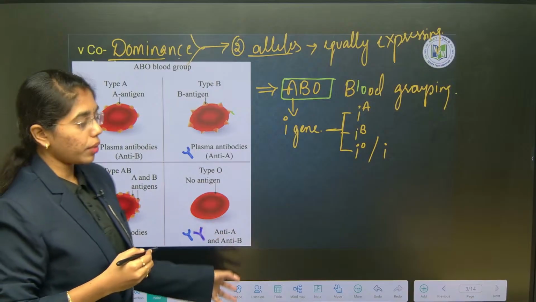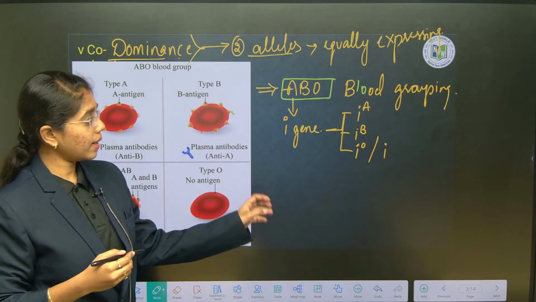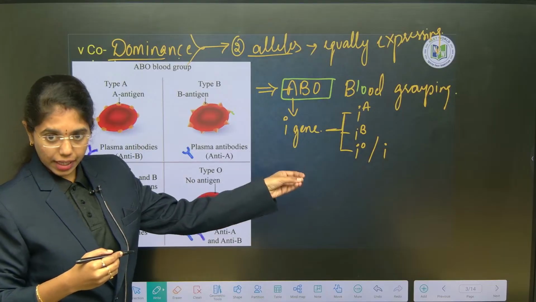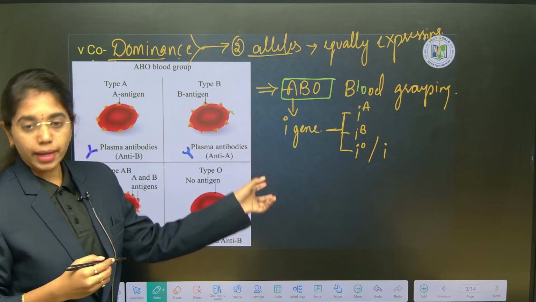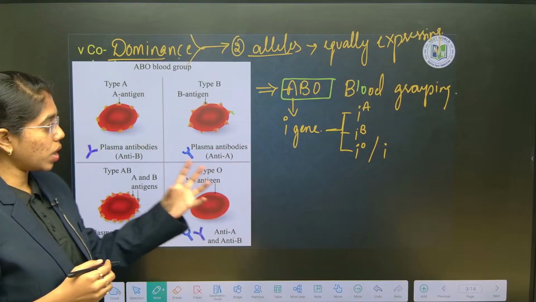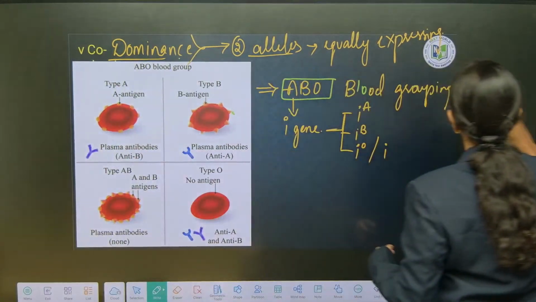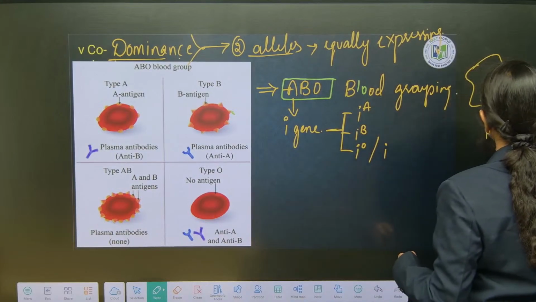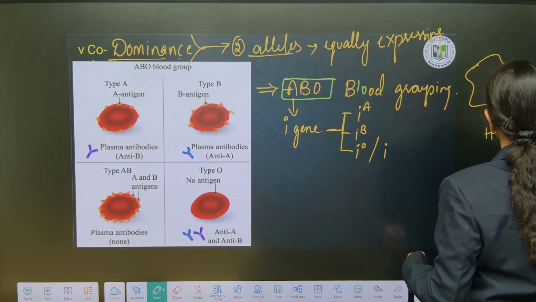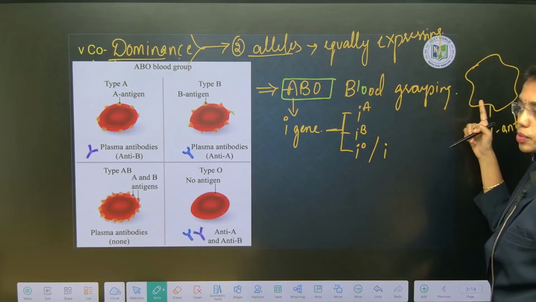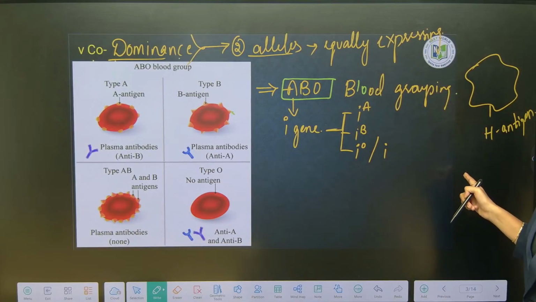In how many combinations they can occur, and what is the sugar that is present in IA gene, IB gene and IO or i. So, here if you see over the RBC membrane there is an antigen called H antigen. What is the antigen that is present over the membrane? H antigen.